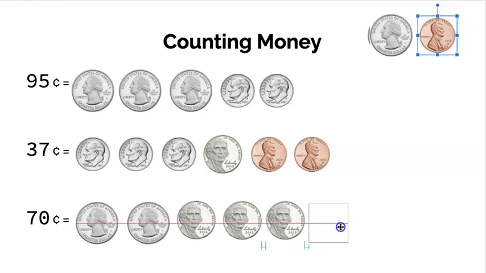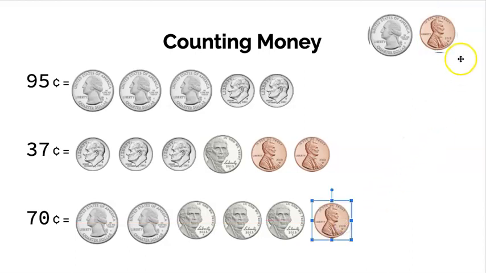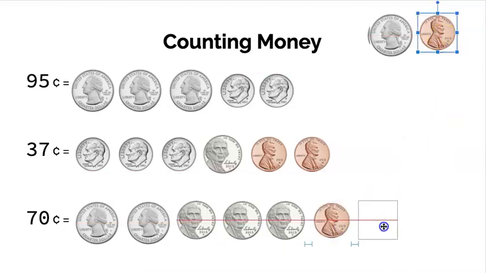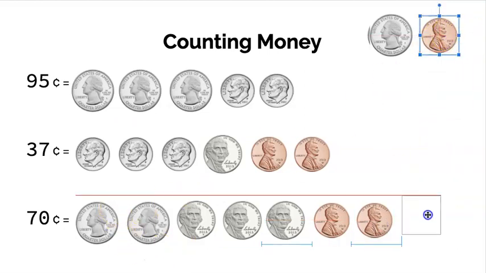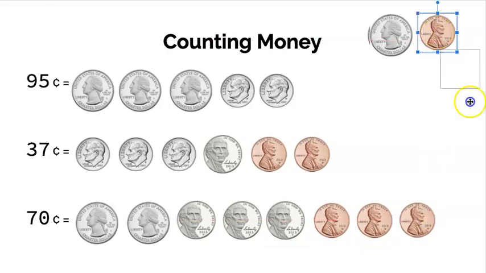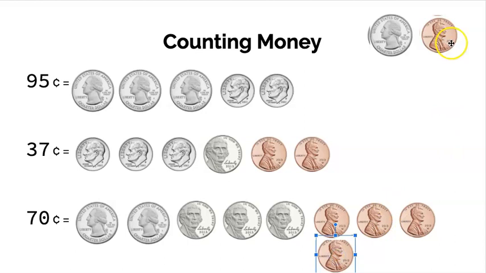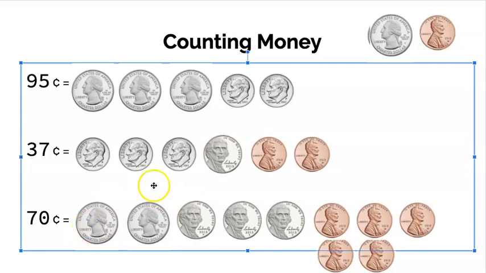We can do 5 pennies or another nickel. Let's see if we have 5 pennies. All right, so 25, 50, 55, 60, 65, 66, 67, 68, 69, 70.